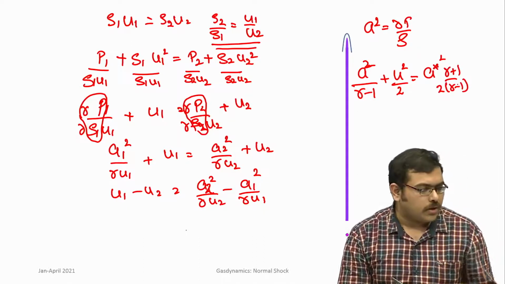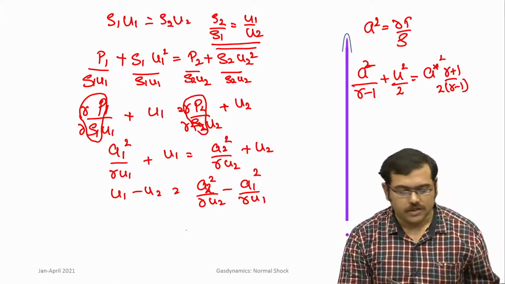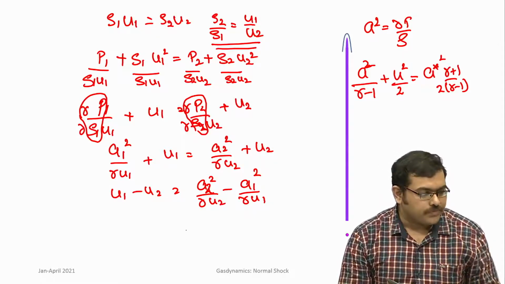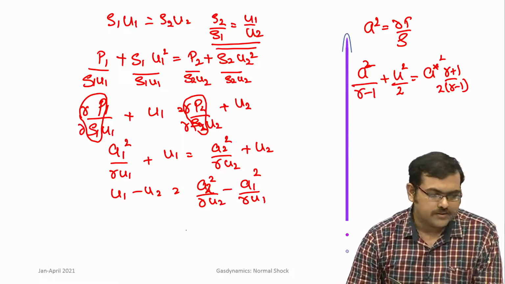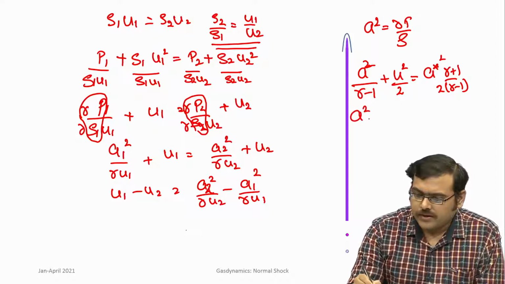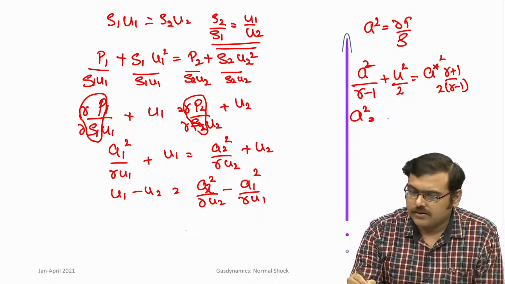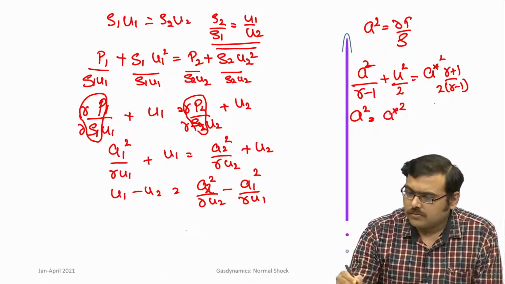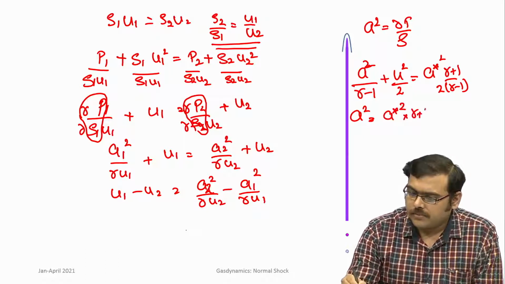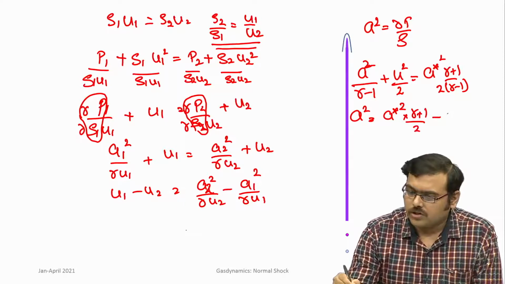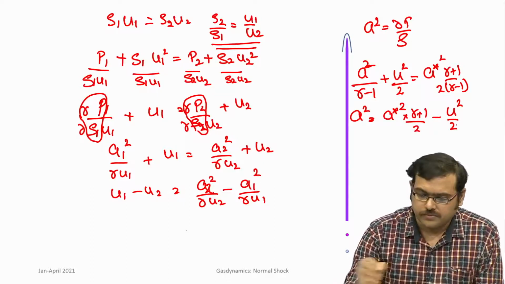This is the alternate form of the energy equation that we had discussed in terms of the sonic quantities. So from here you can write A square is A star square multiplied by gamma plus 1 by 2 minus U square by 2.